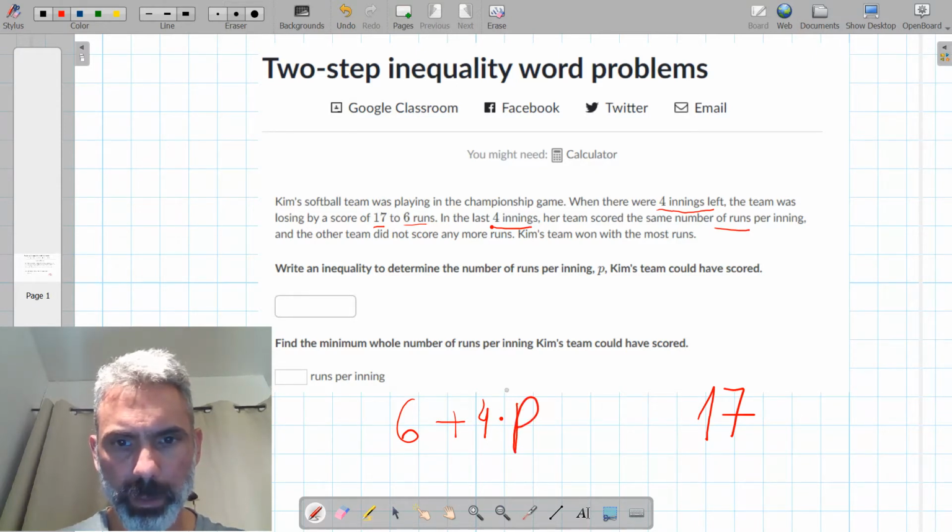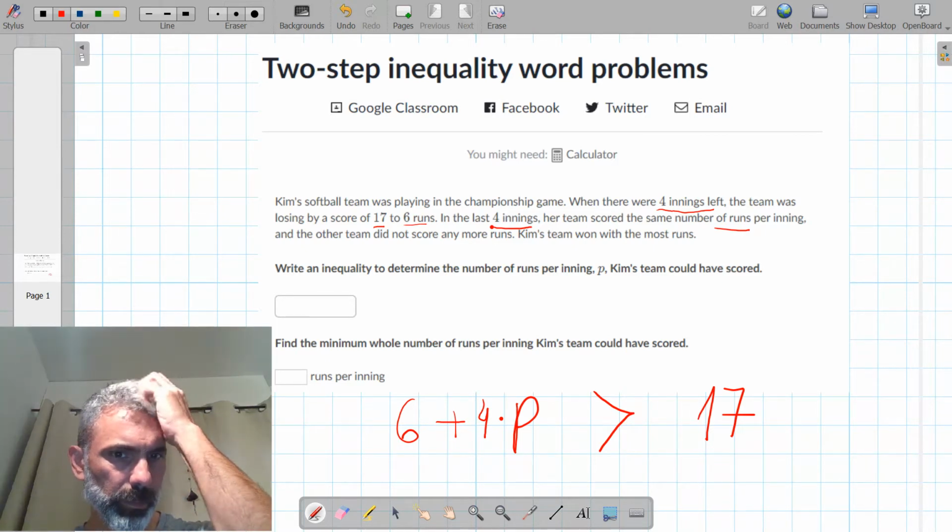And this combined score, 4 innings times the runs per inning, has to be greater than 17. So this is the inequality.